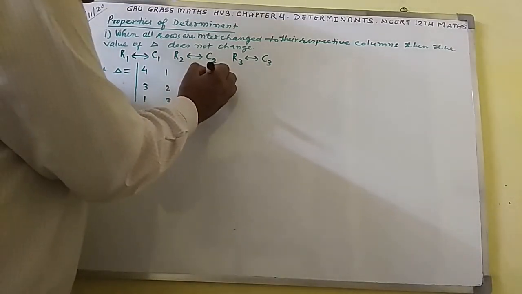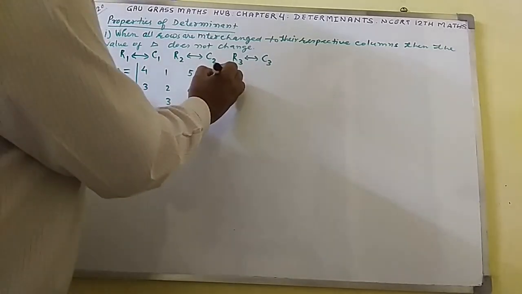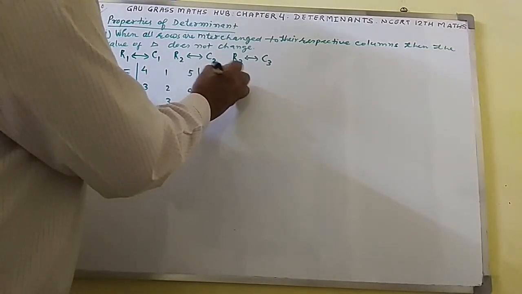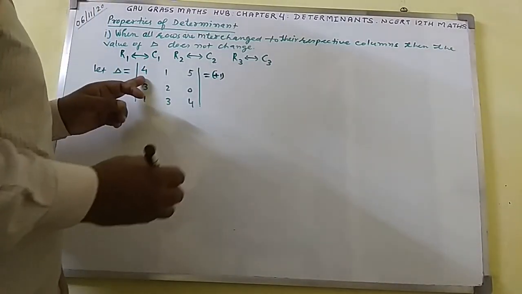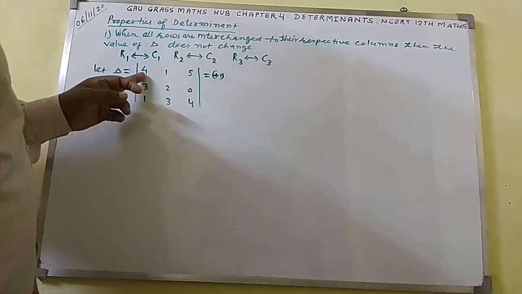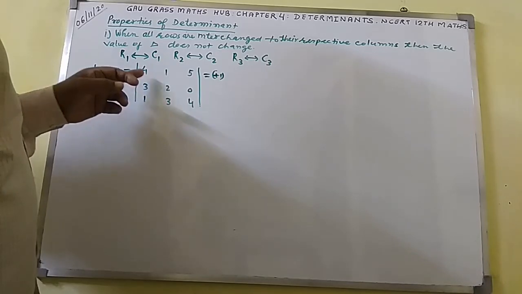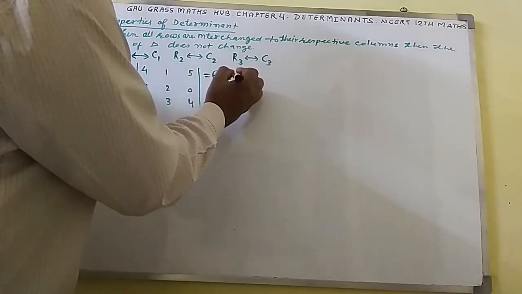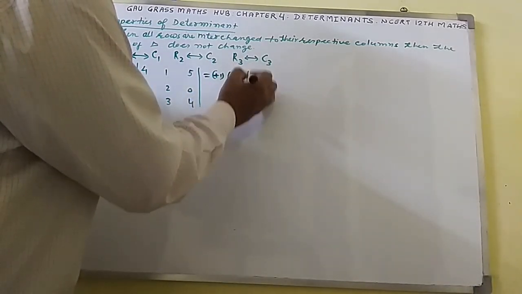Here it will become plus 4. You can see the first element, in first row and first column, is 4. So write plus 4.